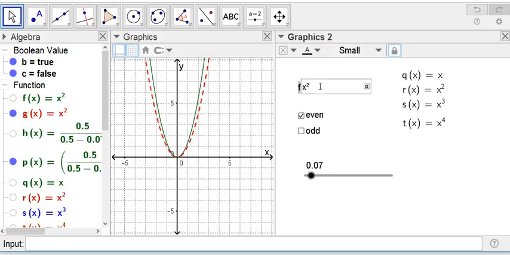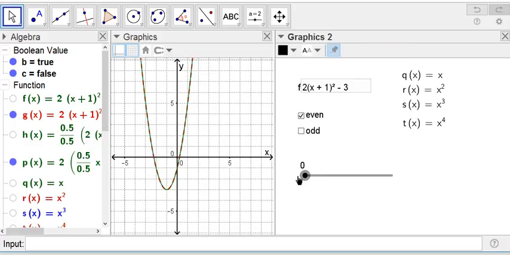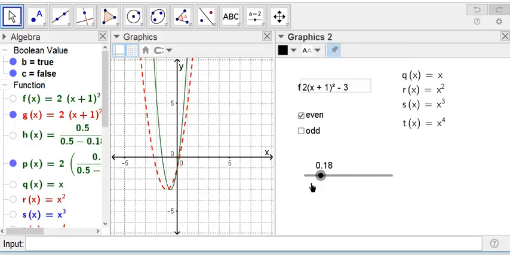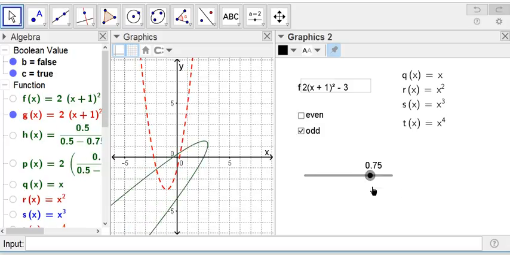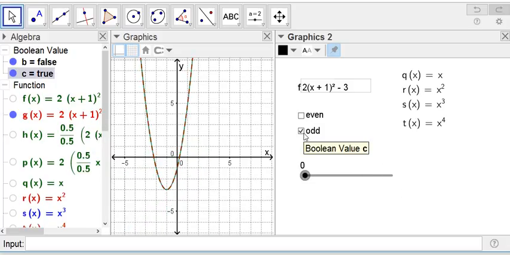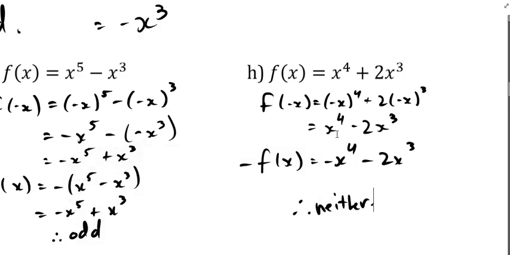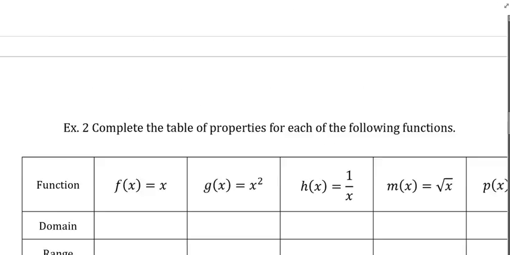But if I make it 2x plus 1 squared minus 3, then it's definitely not even or odd. So you transform it and things kind of fall apart. That often happens with this even and odd stuff. Okay, moving on.